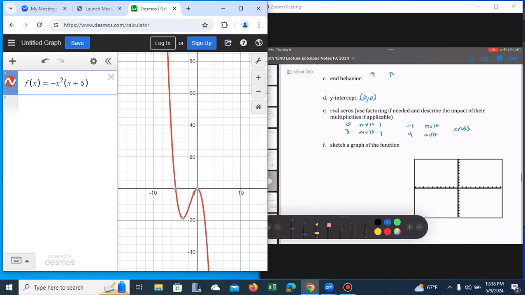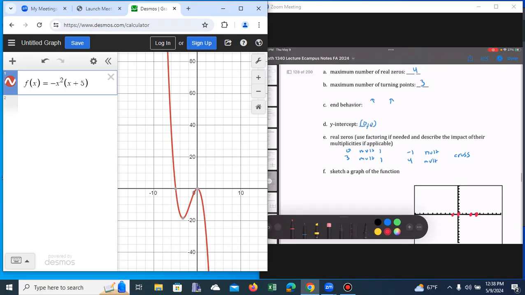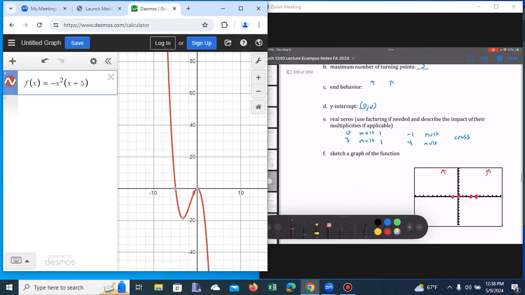So let's graph this. 0, 0, negative 1, 0, 3, 0, 4, 0. And behavior is up both ways. And they all cross. So this is going to cross here. It's going to cross here, cross here, cross here.